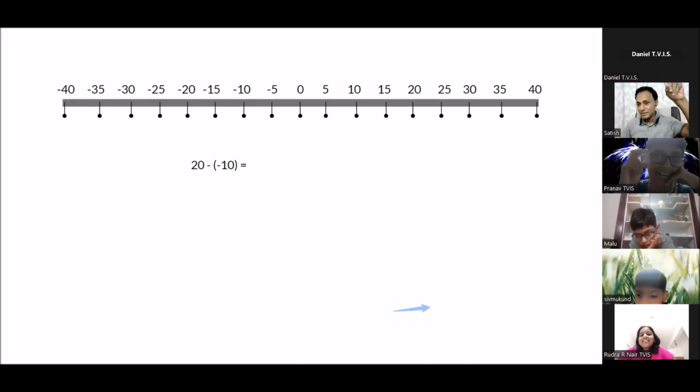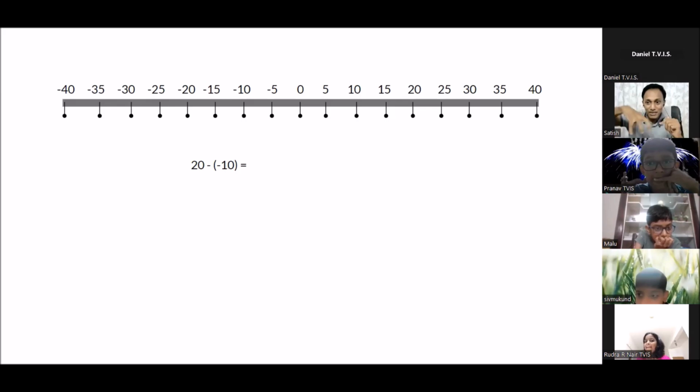Remember the addition example. 20 plus 5, somebody is giving 5 rupees to you. 20 plus minus 5, instead of giving, they are taking it. When minus came, the function reversed. Instead of somebody giving it, they are taking it. Same thing here. 20 minus 10 is, from your 20 rupees, somebody is taking 10 rupees. 20 minus minus 10 is, instead of taking it from you, they are giving it to you.